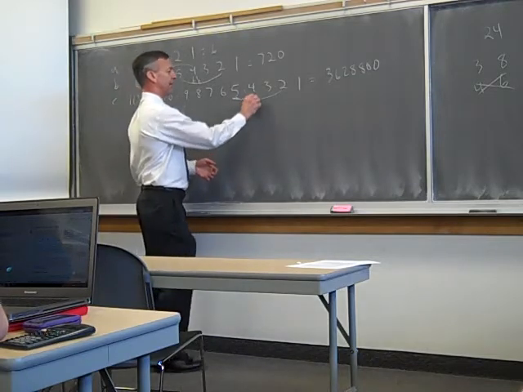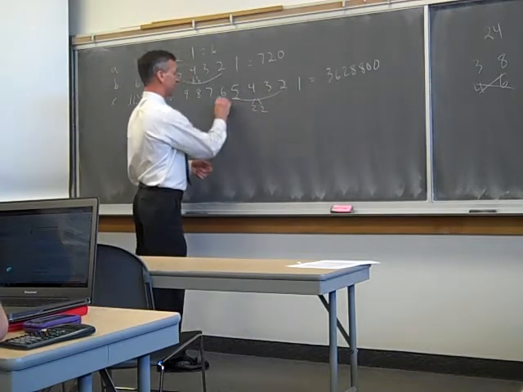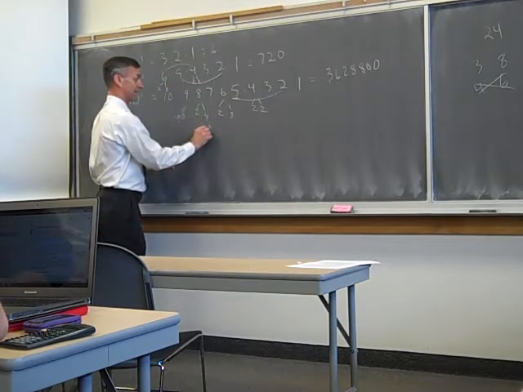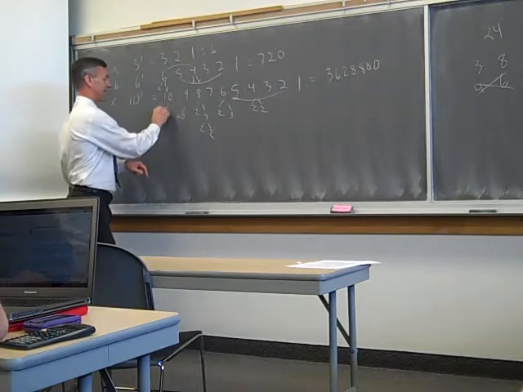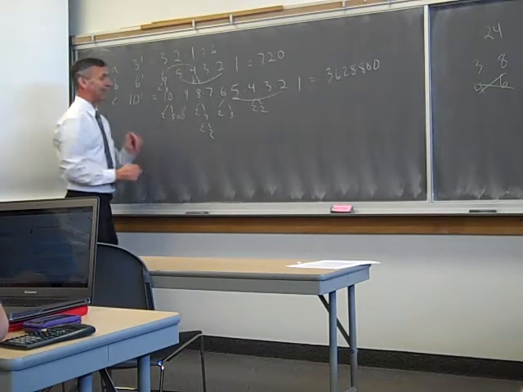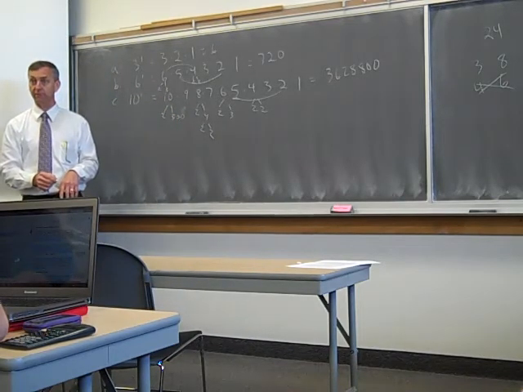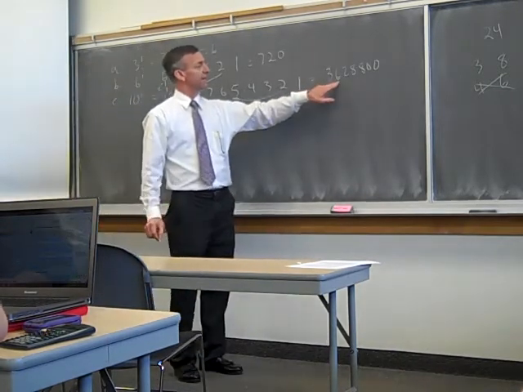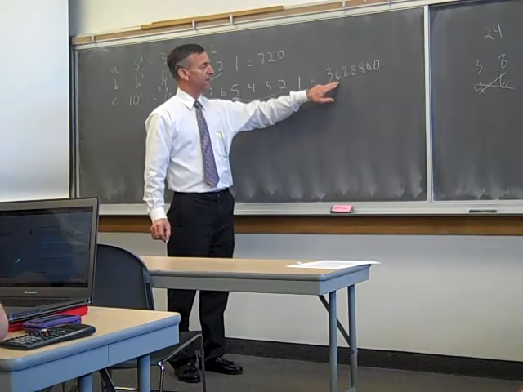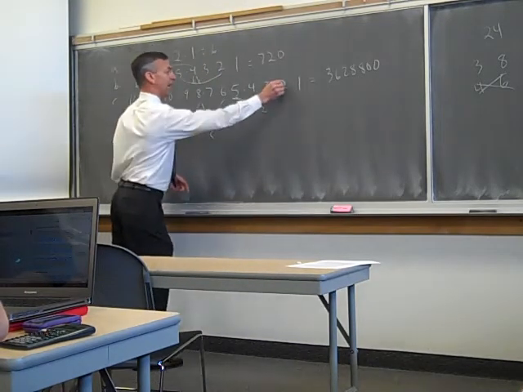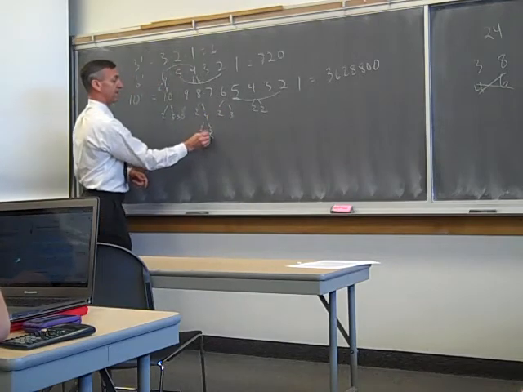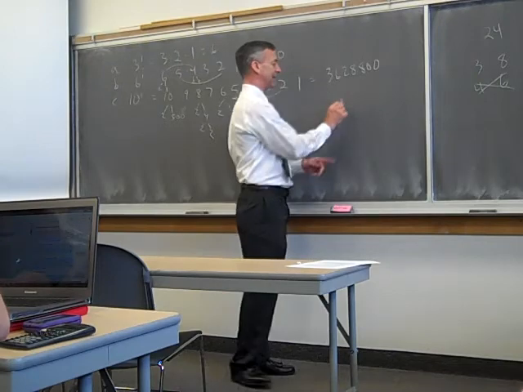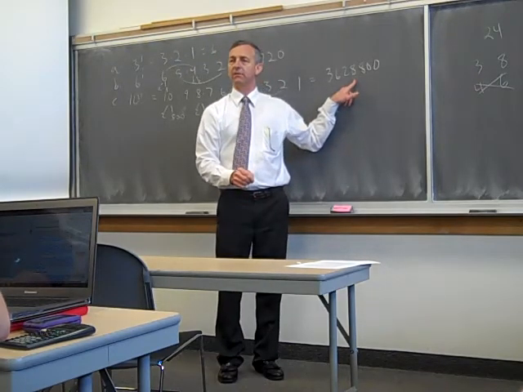Well, which 2? I've got 1, 2, 3, 4, 5, 6, 7, 8 2s. Now, in fact, we know that this number, because of what I just did, 1, 2, 3, 4, 5, 6, 7, 8, we know that 2 to the 8th is a factor of that number.